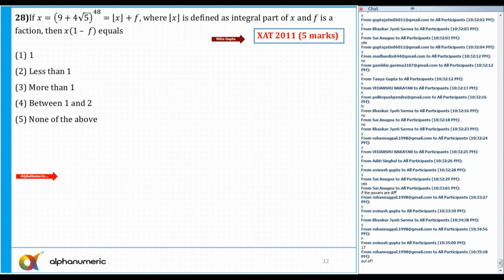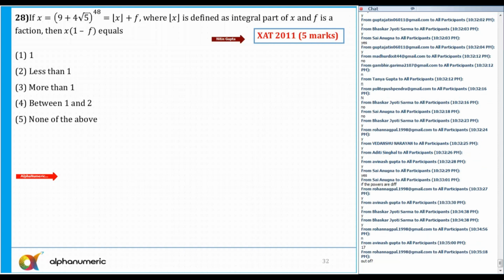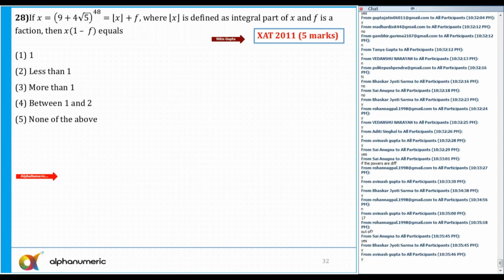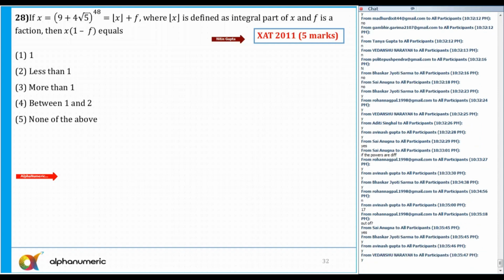So should I start with the discussion now? All right. Now let's see how we can approach this. I'll take 2-3 more examples like this. Now this is (9 plus 4 root 5) raised to power 88. Now tell me one thing: this is equal to integral part plus fractional part. Here the power is an even number.